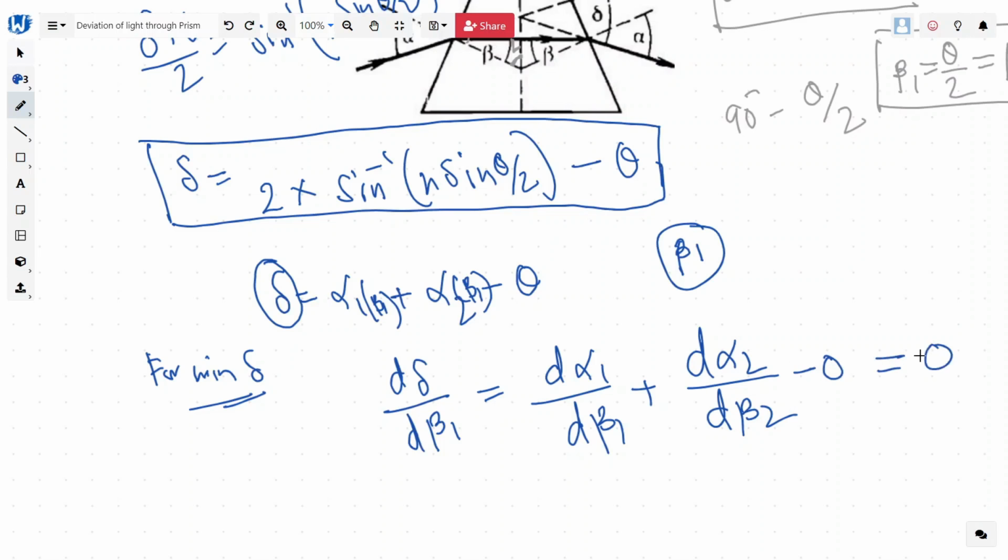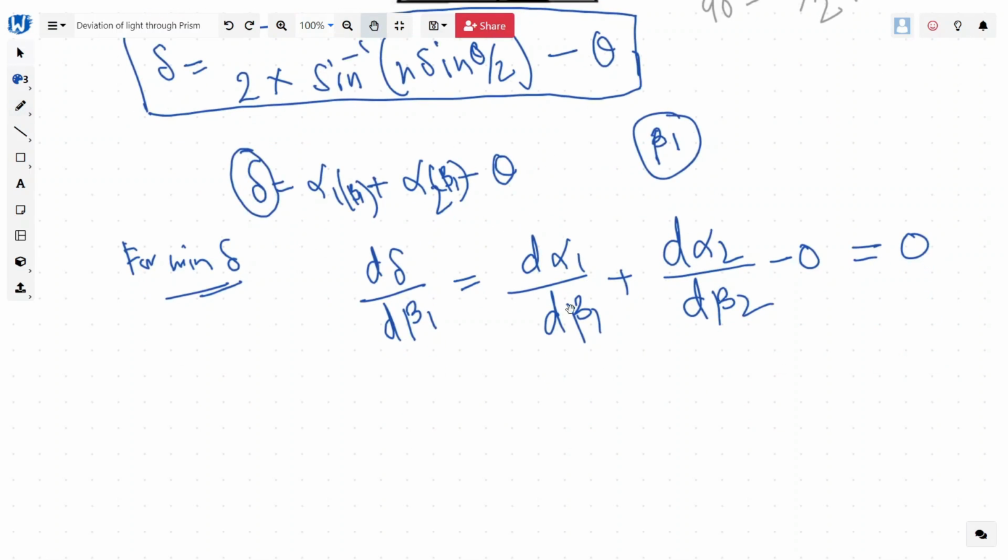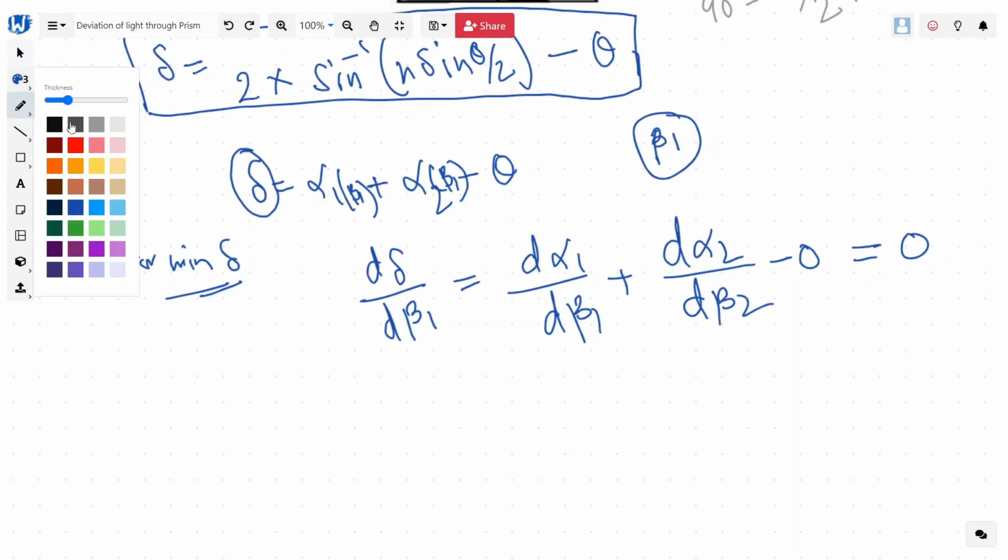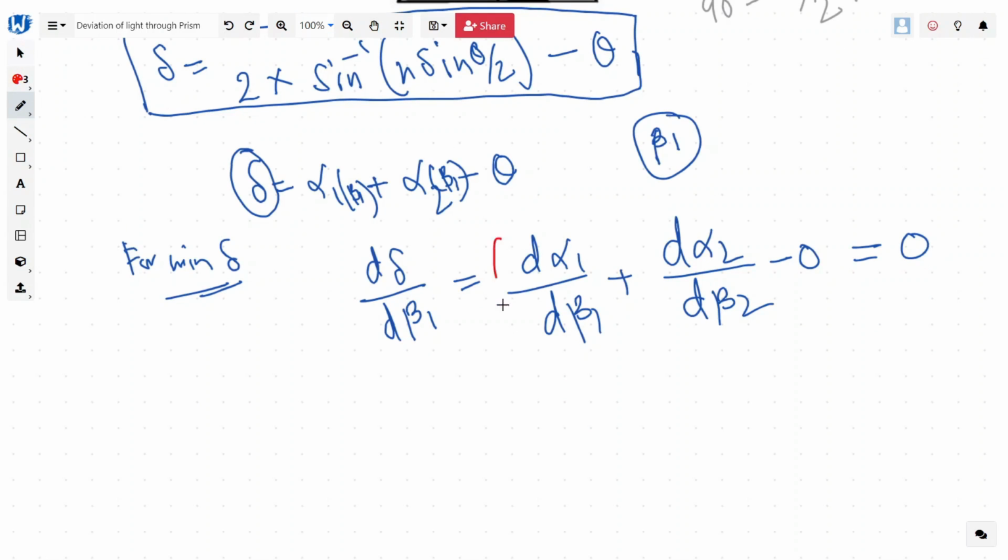Let's set this to 0, and after solving this, we'll arrive at a certain value which will tell us the minimum value. So we need to find these two expressions here, and then add them up and set it to 0.